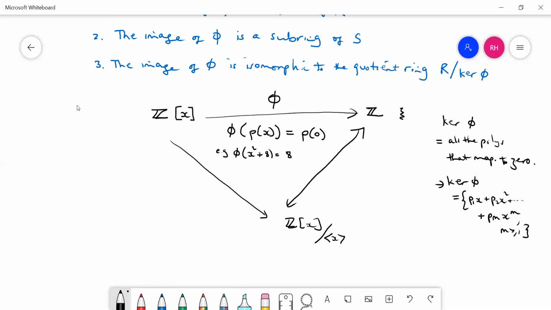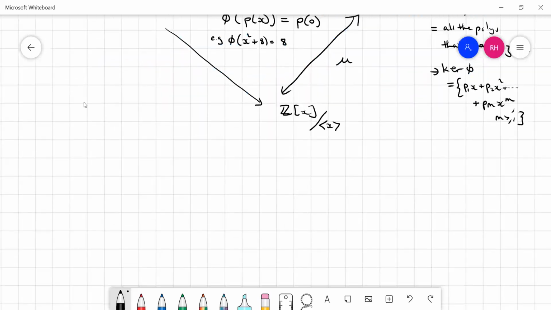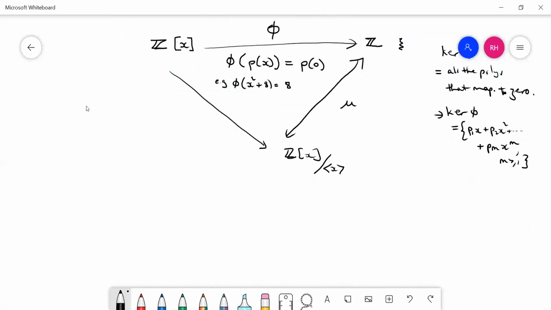Let's call the isomorphism mu, which is exactly what we are required to show.